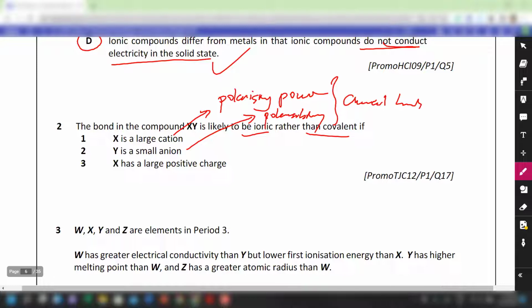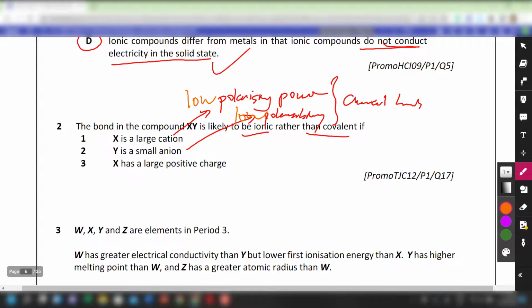So if my cation is large, the polarizing power is likely to be low. In this case, a large cation implies low polarizing power, and a small anion implies low polarizability. And what about X having a large positive charge? No, we prefer X to have a small positive charge.